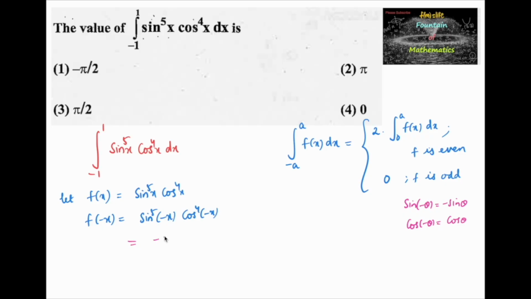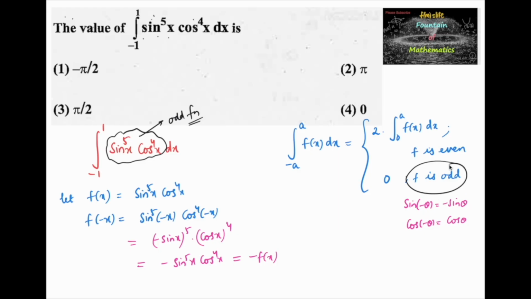So we can write (negative sine x) whole power 5 into (cos x) whole power 4, which is equal to negative sine power 5x into cos power 4x, which is equal to minus f of x. Means sine power 5x into cos power 4x is an odd function.